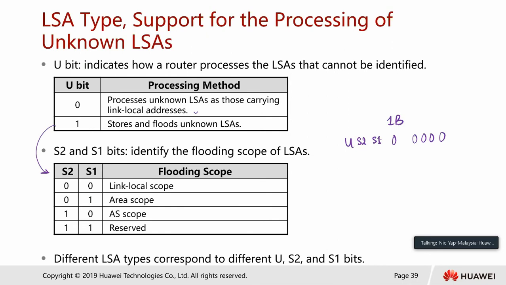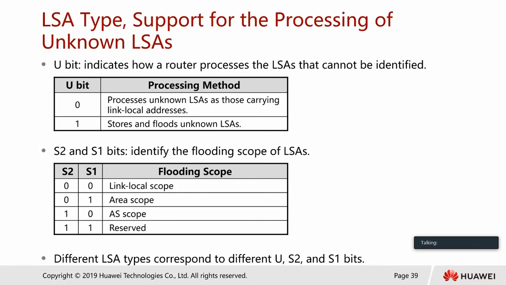In this case, it would be better to show you the relationship from here. Let's say this is bit 0, S2 is 0, S1 is 0, and then behind is your LSA. This all is 0. So we have 1 byte and 1 byte.